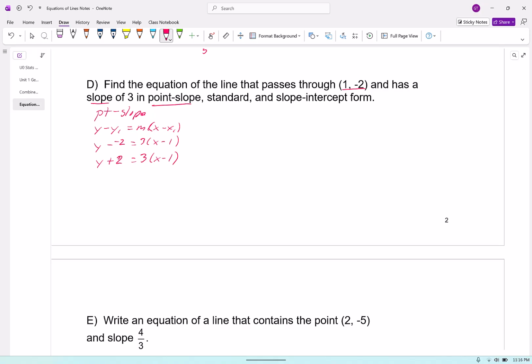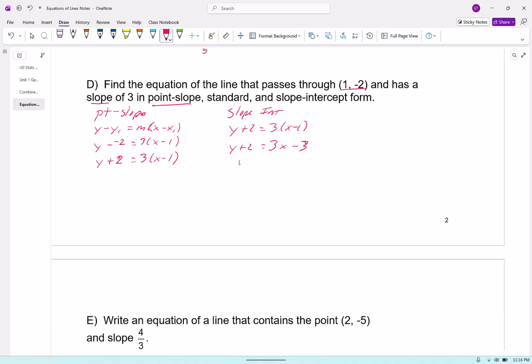Now, if I'm going to try and get slope intercept form, I'm going to take y plus 2 equals 3 times x minus 1, and I'm just distributing quickly. Then I would get y plus 2 equals 3x minus 3.